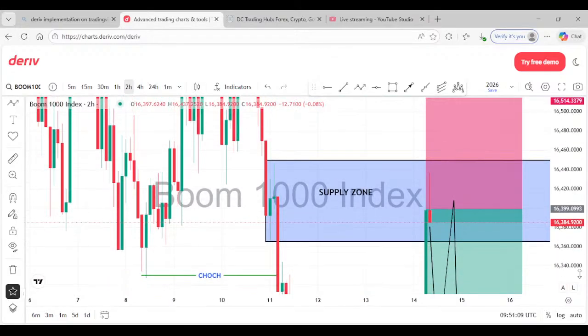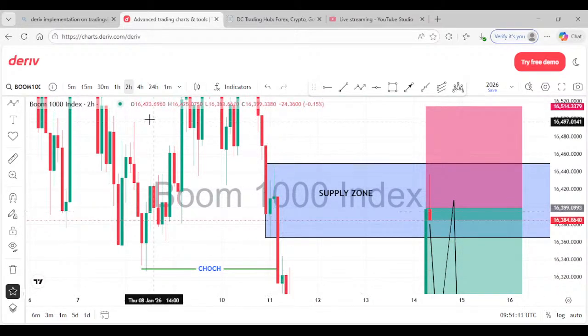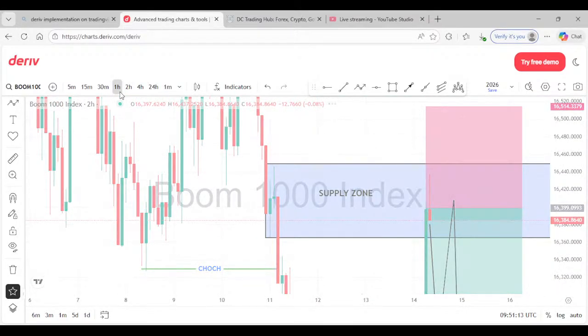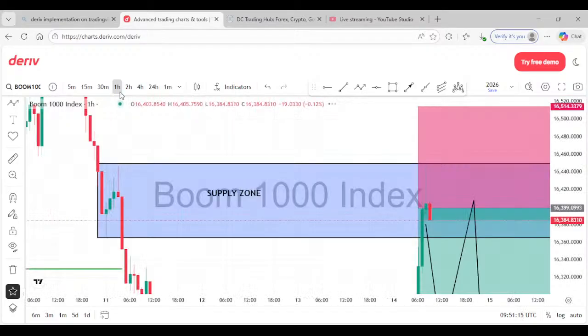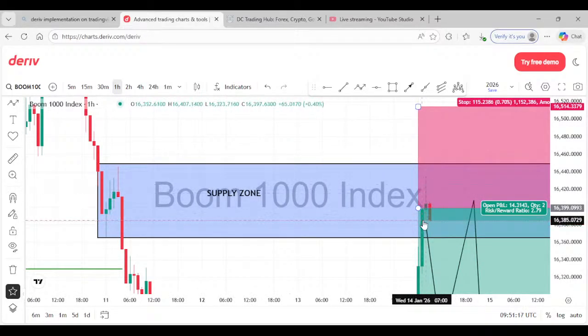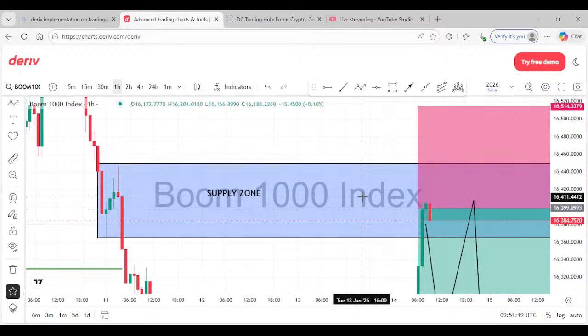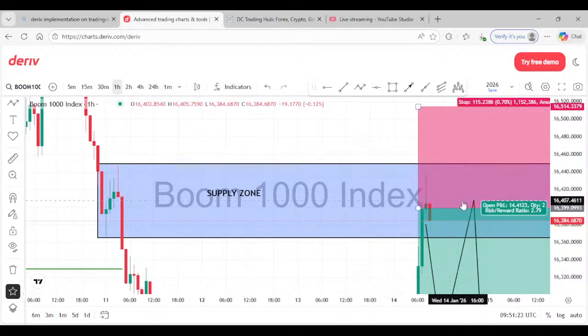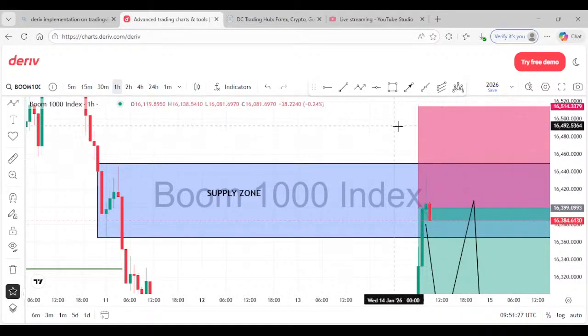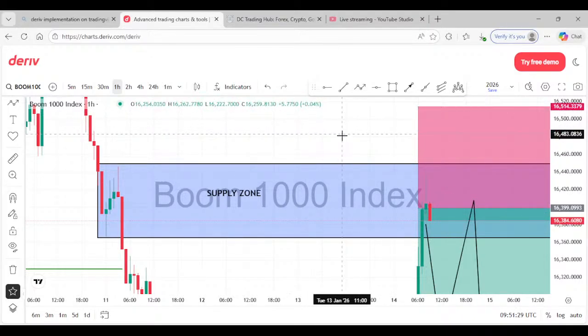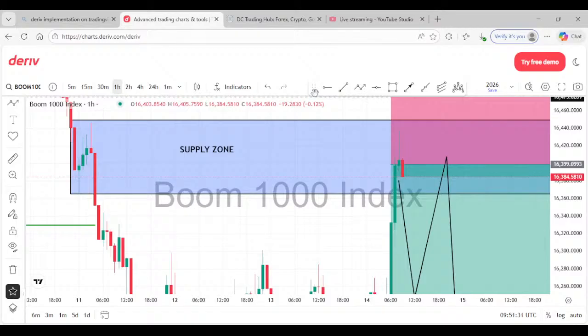If you see what has been taking place now at our supply zone, we can see on the H1 that the previous hourly candle was a bearish pin bar, and this is just signifying that price is losing momentum to continue moving upwards, and price is likely going to reverse and move downwards. So that's the reason why we're taking a sell here.